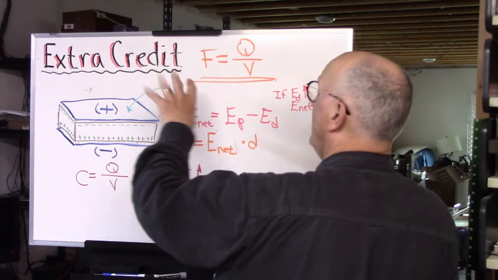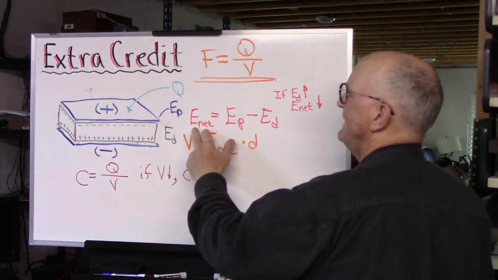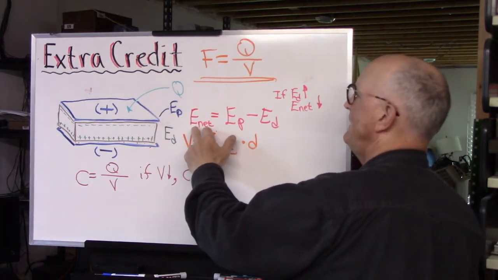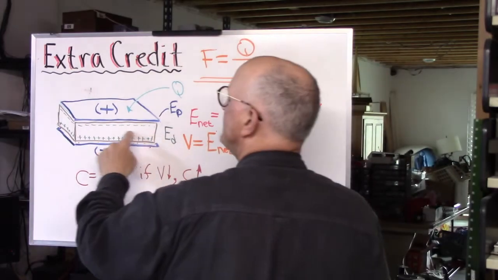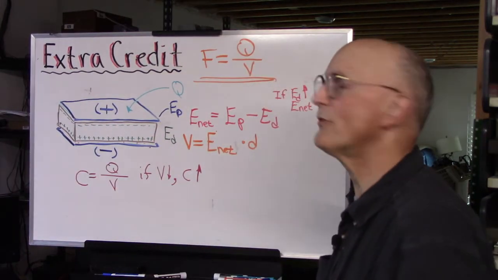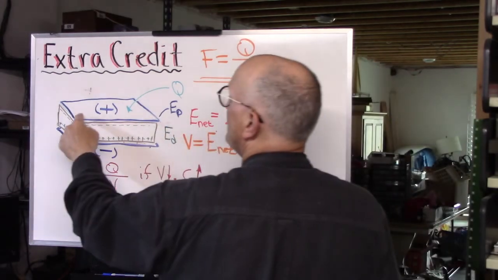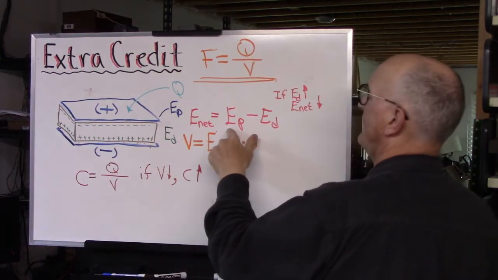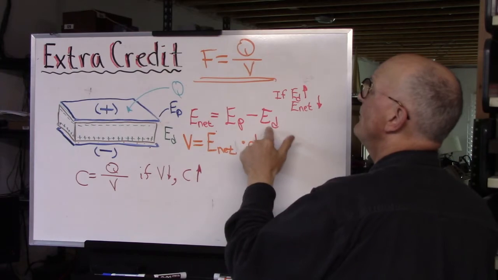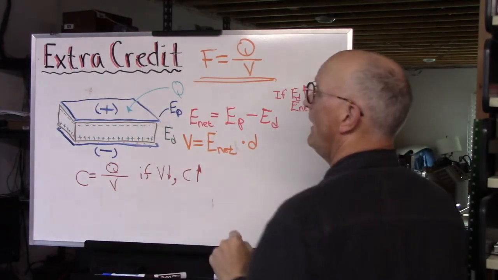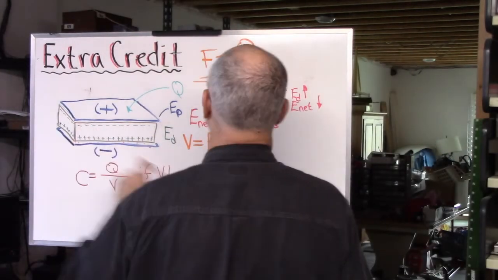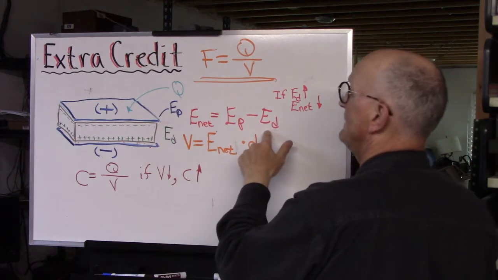And so the net electric field in the presence of a dielectric that has polarized is equal to the electric field that you would get if there was no dielectric minus the opposing field of the dielectric material itself.